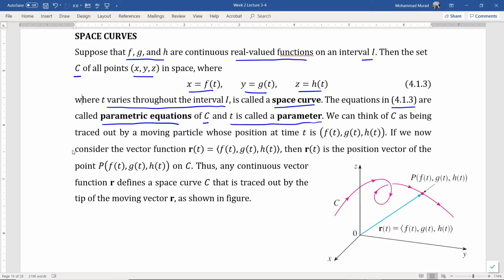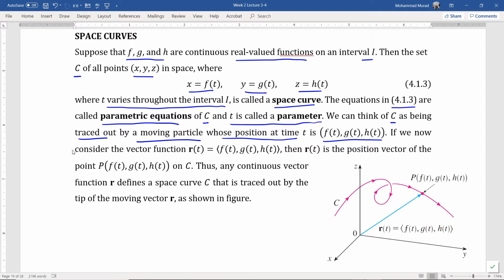We can think of C as being traced out by a moving particle whose position at time t is the point with coordinates f of t, g of t, h of t.